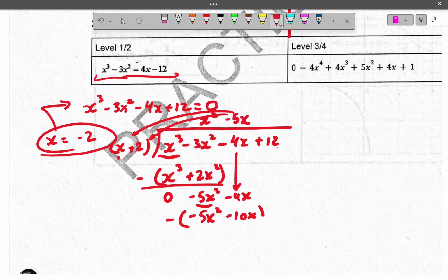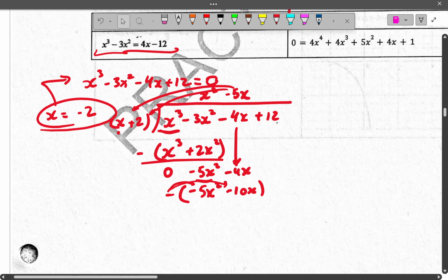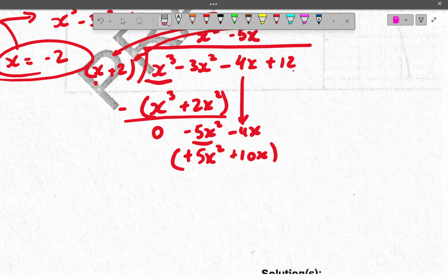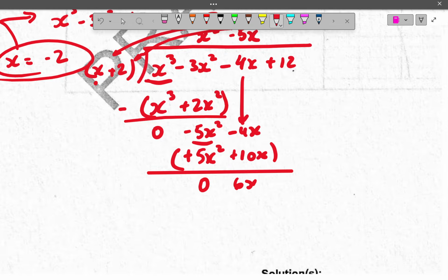Subtract this, you could expand that so that it becomes negative 5x squared plus 5x squared plus 10x. So these cancel out, 0. Negative 4x plus 10x gives me 6x, and then plus 12.